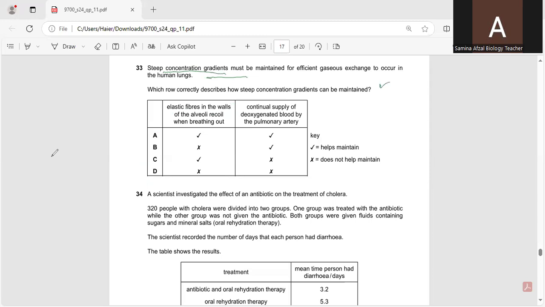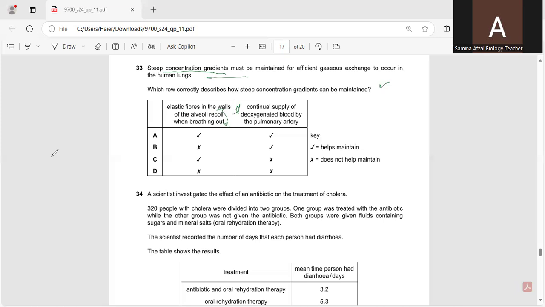So elastic fibers in the walls of the alveoli recoil when breathing out. So they will recoil, and with their recoiling, they will push out the oxygen towards the capillary, and carbon dioxide out of the alveolus. So A, this is the correct statement.